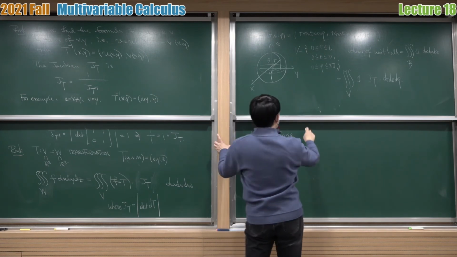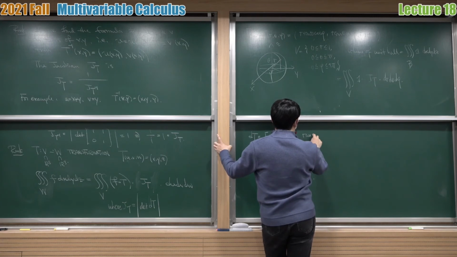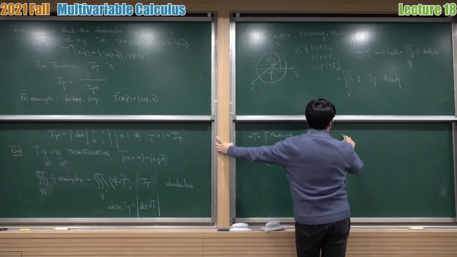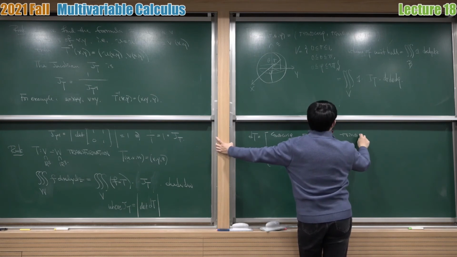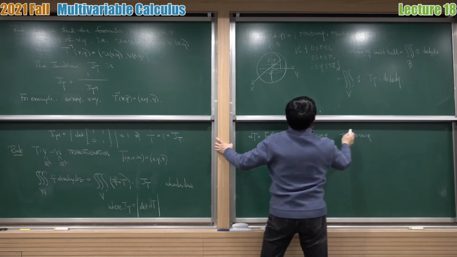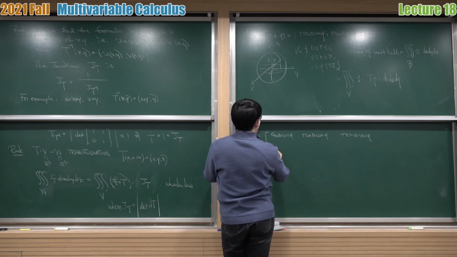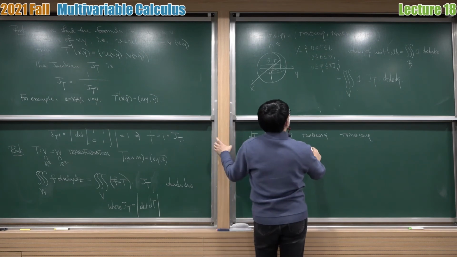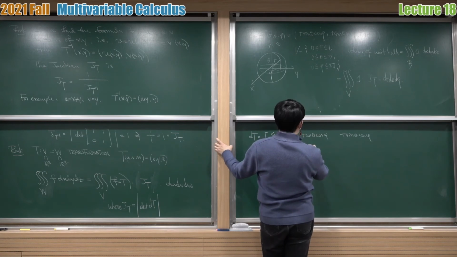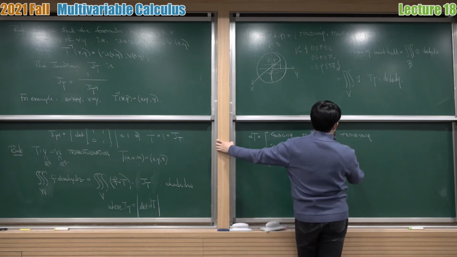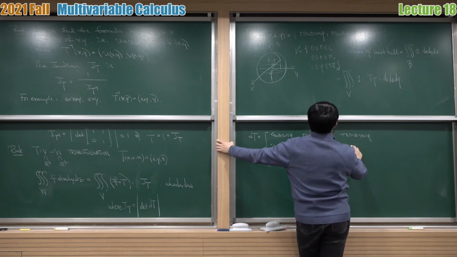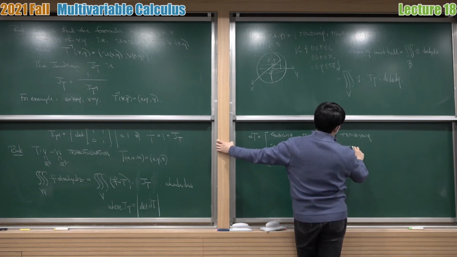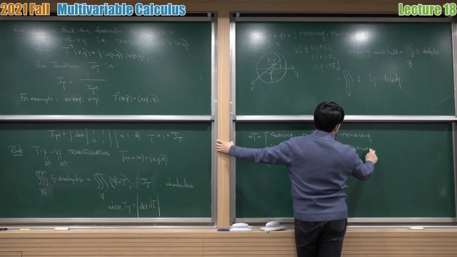With respect to r, we get sine theta cosine phi; with respect to theta, we get r cosine theta cosine phi; and with respect to phi, minus r sine theta sine phi. Next row: sine theta sine phi, r cosine theta sine phi, and r sine theta cosine phi.